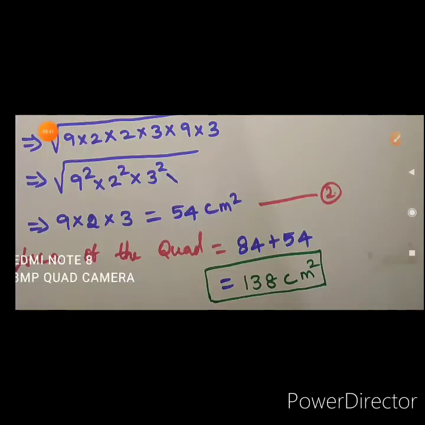Now the conclusion: area of the quadrilateral is the sum of the areas of the two triangles we split. One area is 84, another one is 54. So 84 plus 54 is equal to 138 centimeter square. So the area of the quadrilateral is nothing but 138 centimeter square. That's it, my dears.